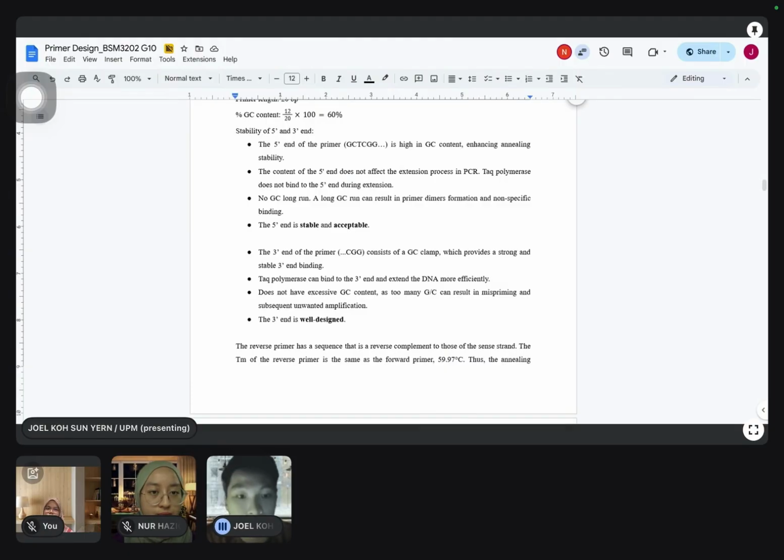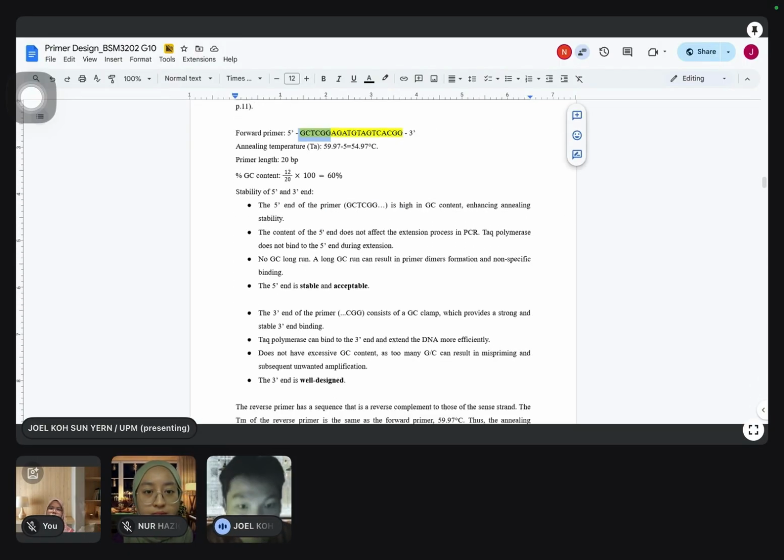If there is a GC long run, it can increase the risk of primer dimer formation, where the primers bind to each other, either between forward and forward primer or forward and reverse primer. Sometimes it can form a hairpin structure, where it can have self-complementarity. So this is not favorable for primer design.